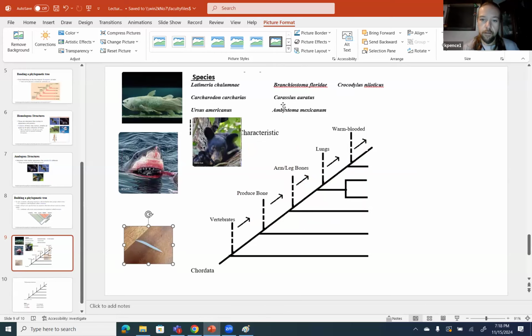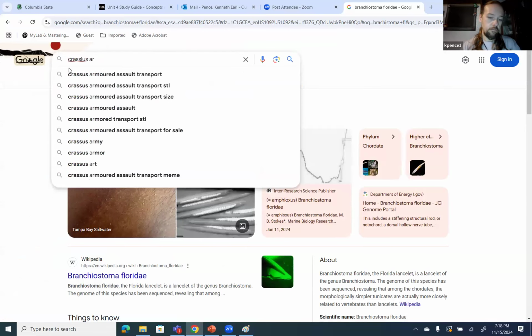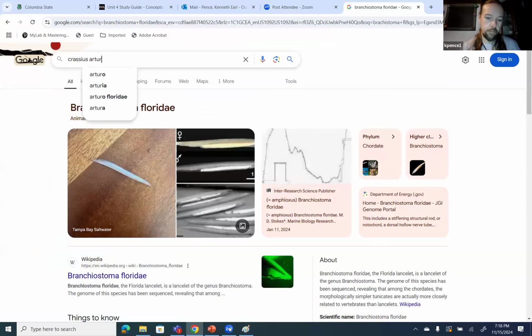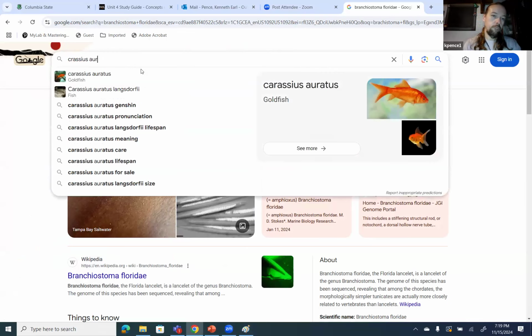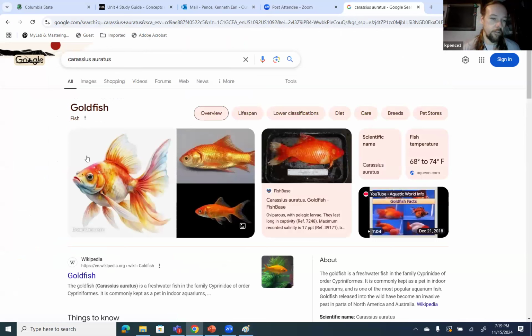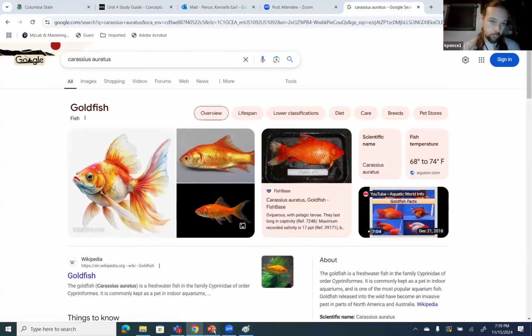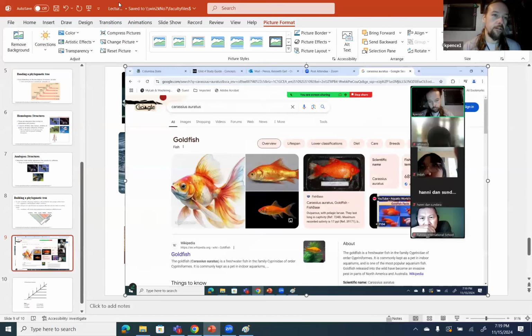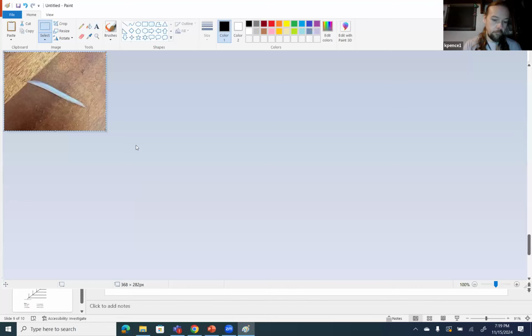I'll put it here. Carassius auratus. Is that right? There it is. All right, this is the goldfish. Paste.